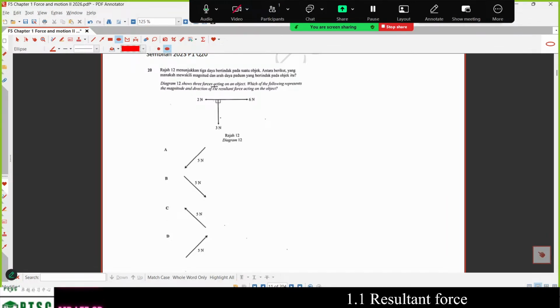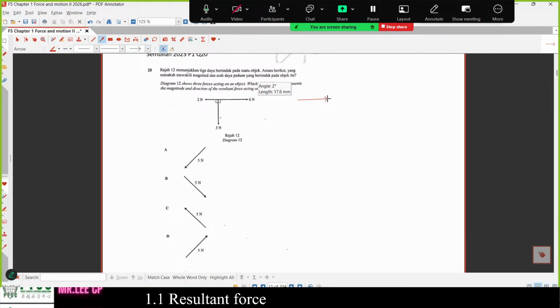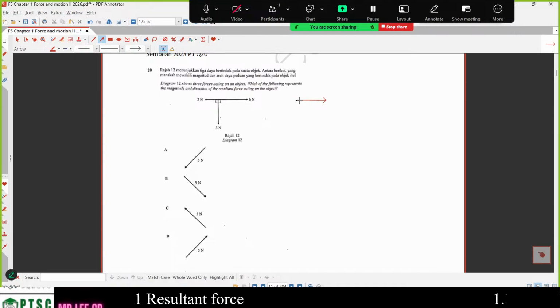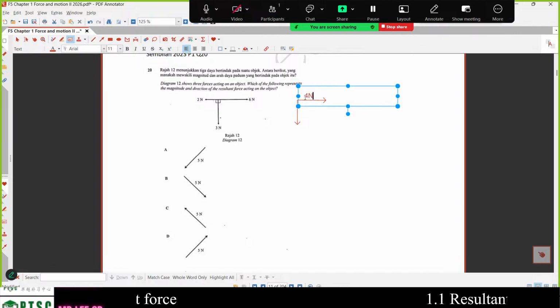Diagram 12 shows three forces acting on the object, representing the magnitude and the direction of the resultant force on the object. So this one is 2, this one is 6, meaning that you get a resultant force. Here 2, here 6, so you get the resultant of 4. 6 minus 2 is 4.